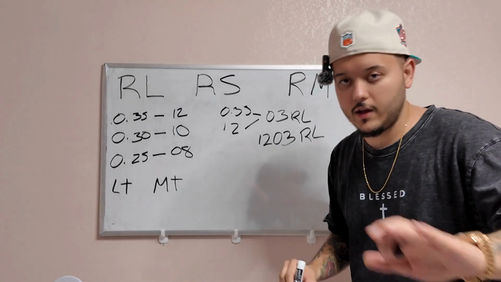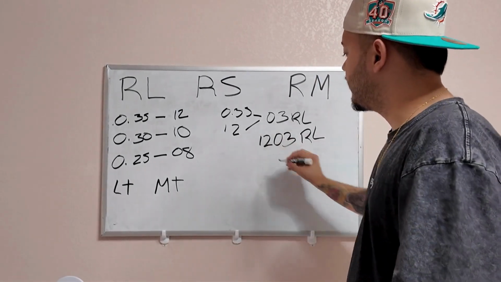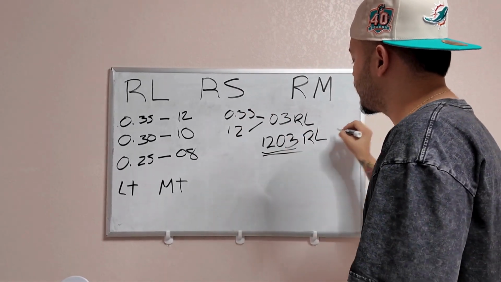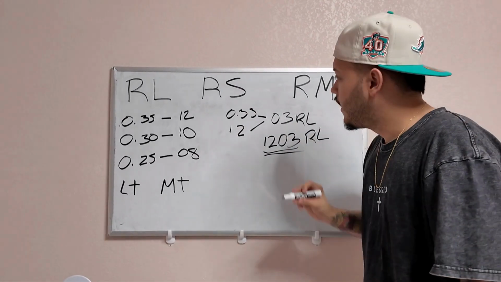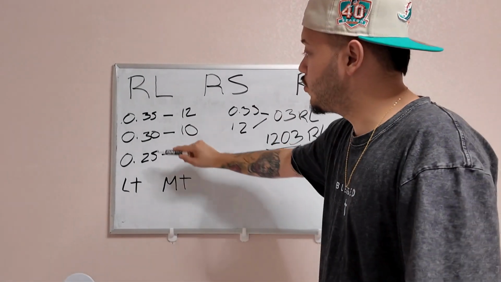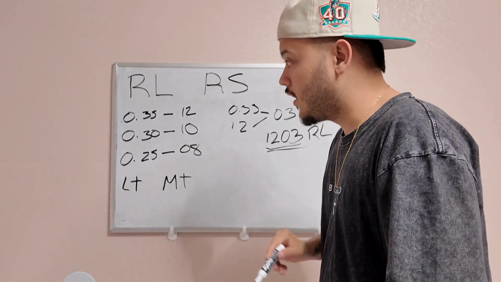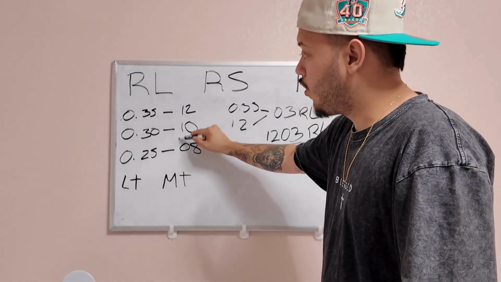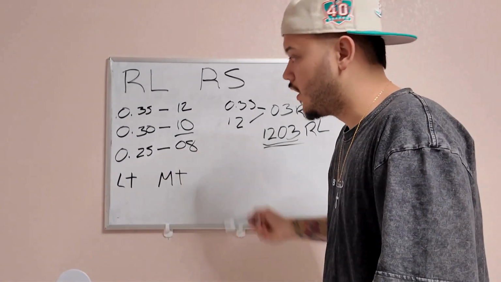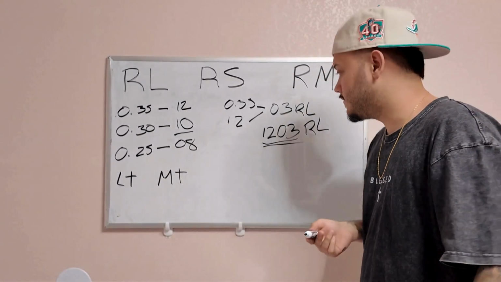We're going to get into that in a minute. This is the stuff you're going to be seeing, or you're going to be seeing 0.35 03 RL. Okay. Now, sometimes if you want to buy a bug pen, you will see 0.30 or 10, and then the same thing with the ultra tight.